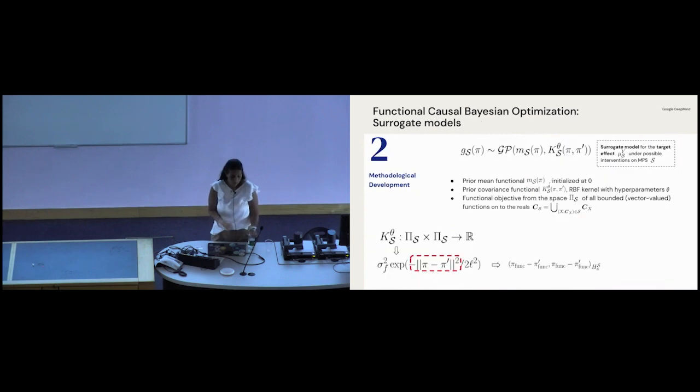So what we came up with was to think, okay, to compute this GP we need a way to compute distances between functions. One way to do it is to assume that these functions are in an RKHS, which has a kernel that allows you to compute this distance as a dot product.